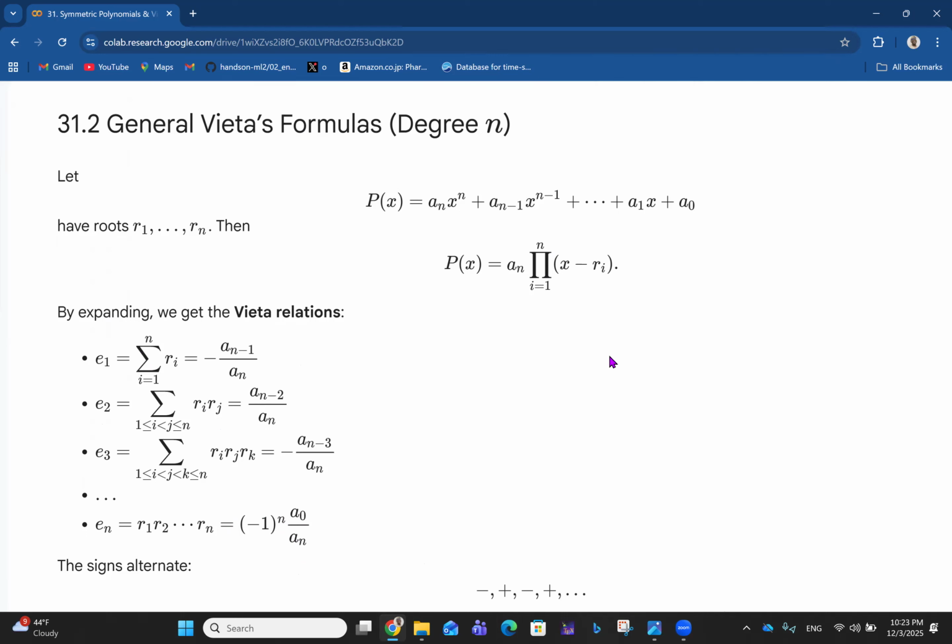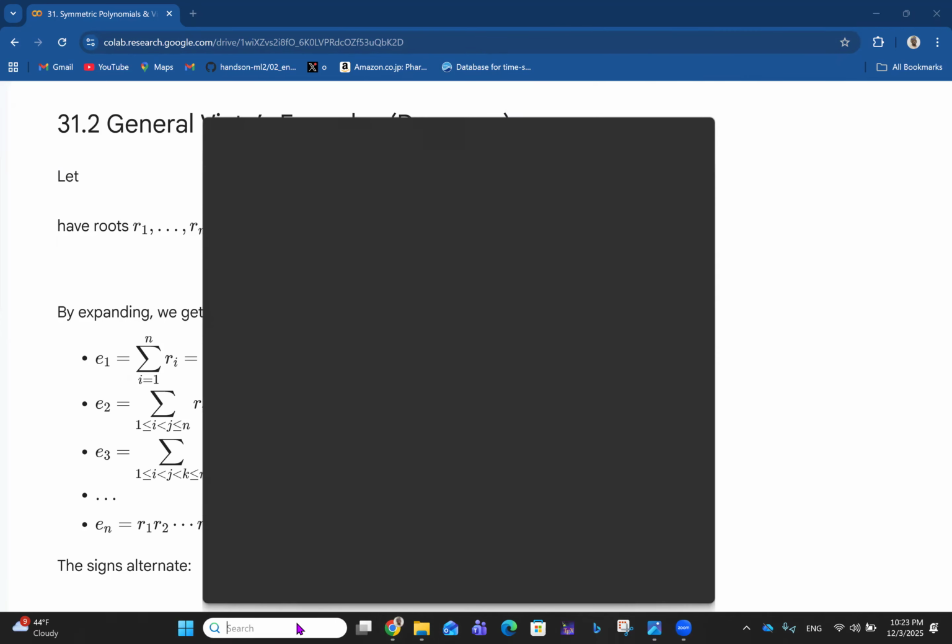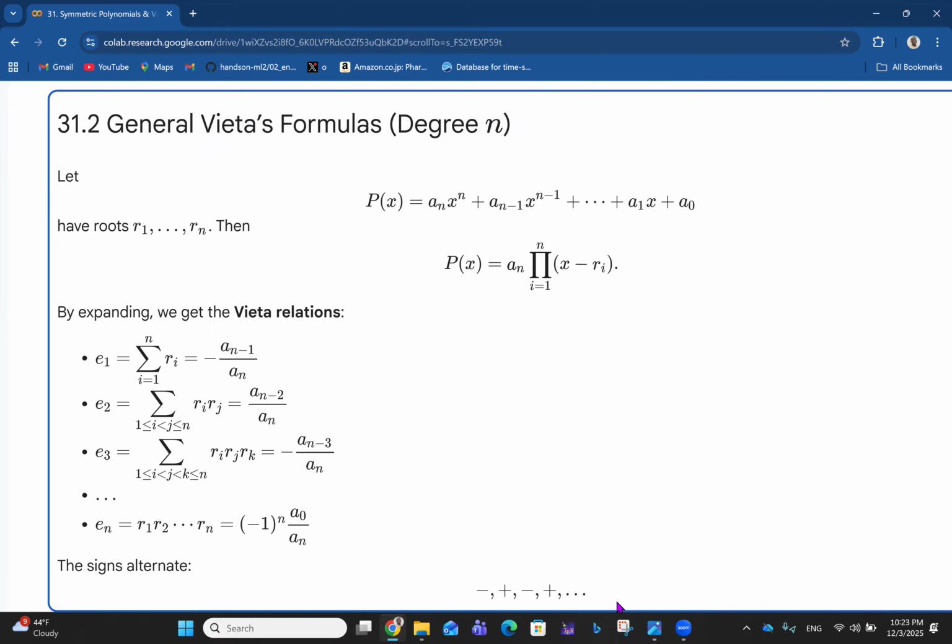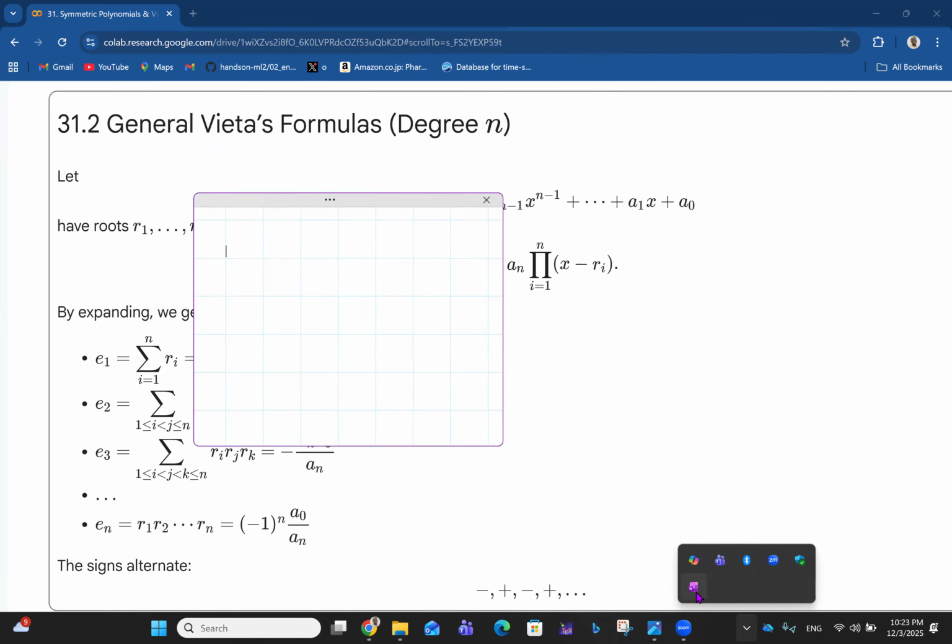So for order 2, I think we did it the other time, but let me just show that so that we can then imagine that kind of thing if you're looking at higher orders like this.